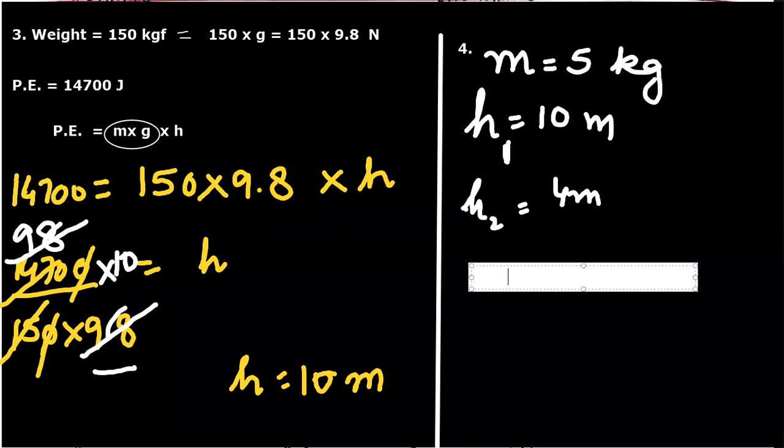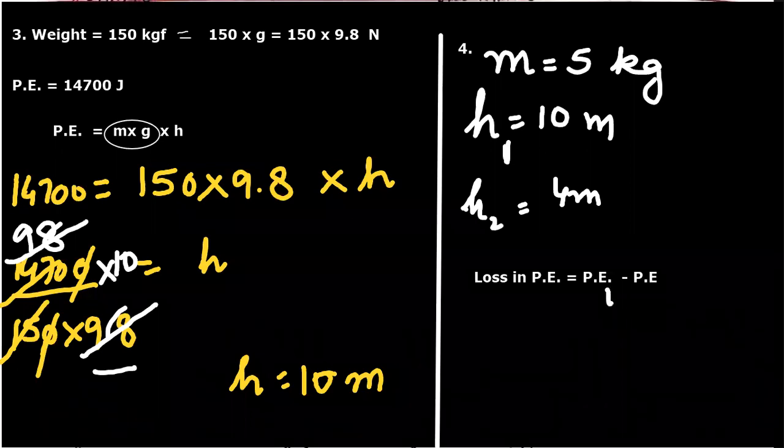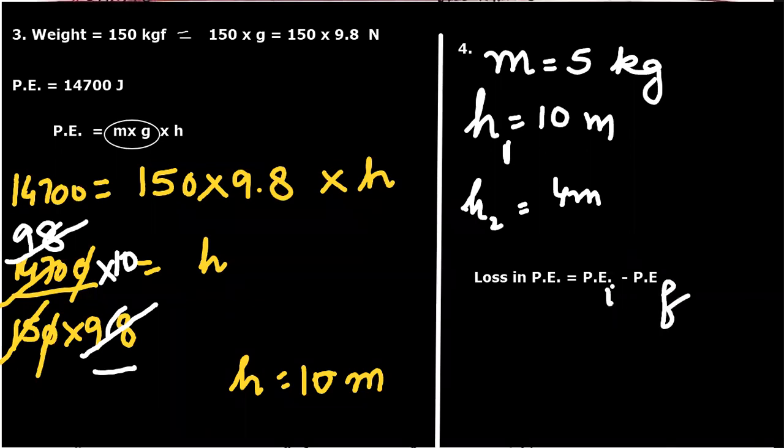Children, write down the formula. You can say loss in potential energy is equal to initial potential energy minus final potential energy. This is loss. That means mg into h1, height, minus mg into h2.